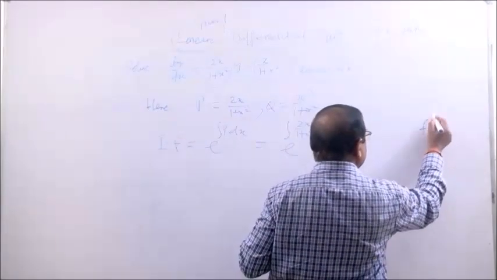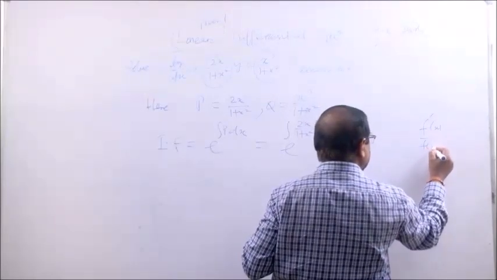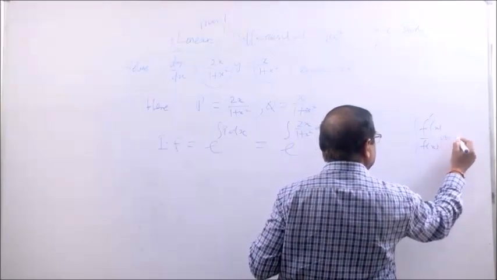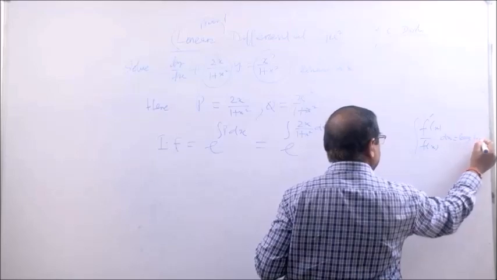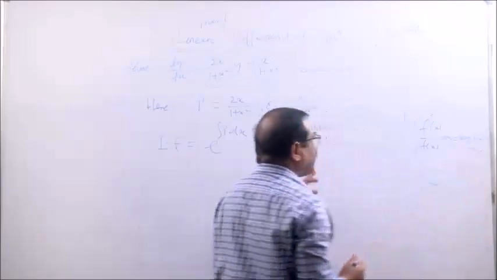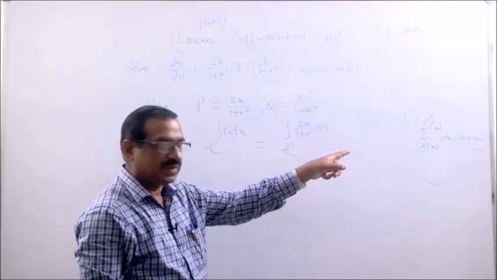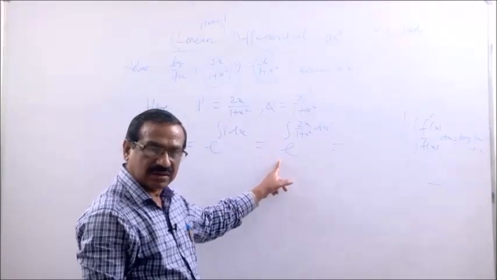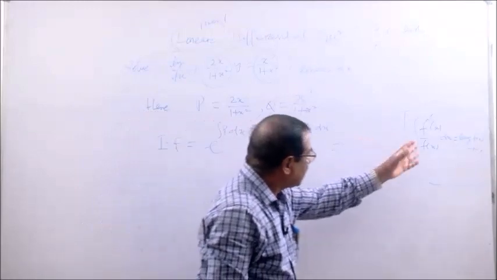Integration of f dash x by f x dx is log f x plus c. Please see, this formula is applicable most of the time for finding the integrating factor. What does it mean?